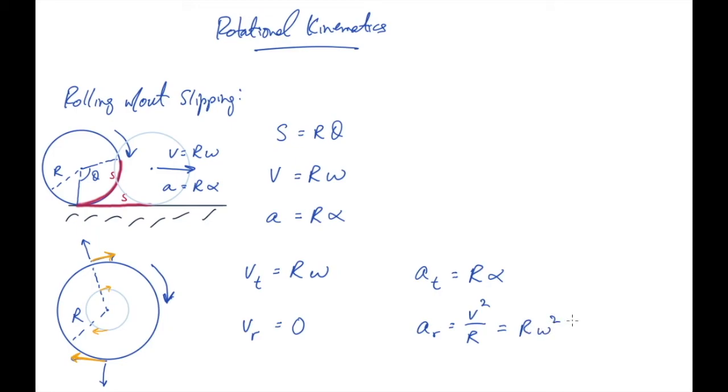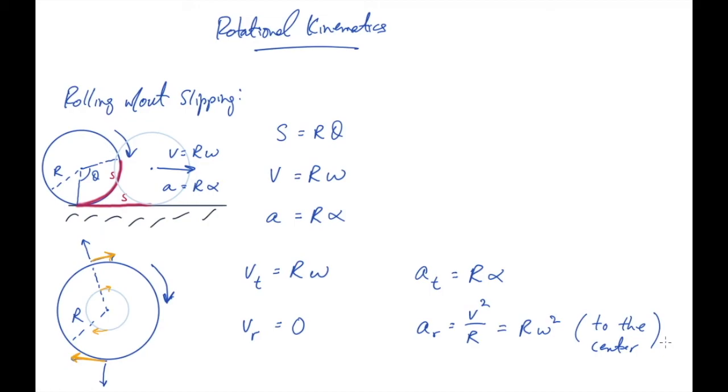So the radial acceleration we can write two ways. We can write it as we used to, v squared over r, or we can write it as r omega squared. And its direction, of course, is to the center, just like it was before. The radial acceleration of anything in circular motion is toward the center.